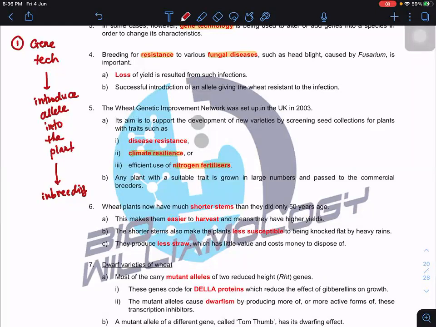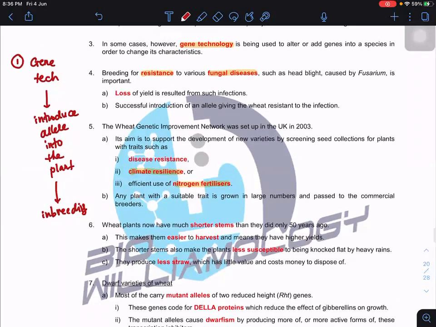So we will continue to inbreed them so that most of the plants will carry this particular characteristic. So what are the characteristics? Resistant to fungal disease, bacterial disease, climate resilience, and they use nitrogen fertilizer in a very effective way. So if they use it effectively, the farmer will be able to reduce the use of the fertilizer, so save cost.